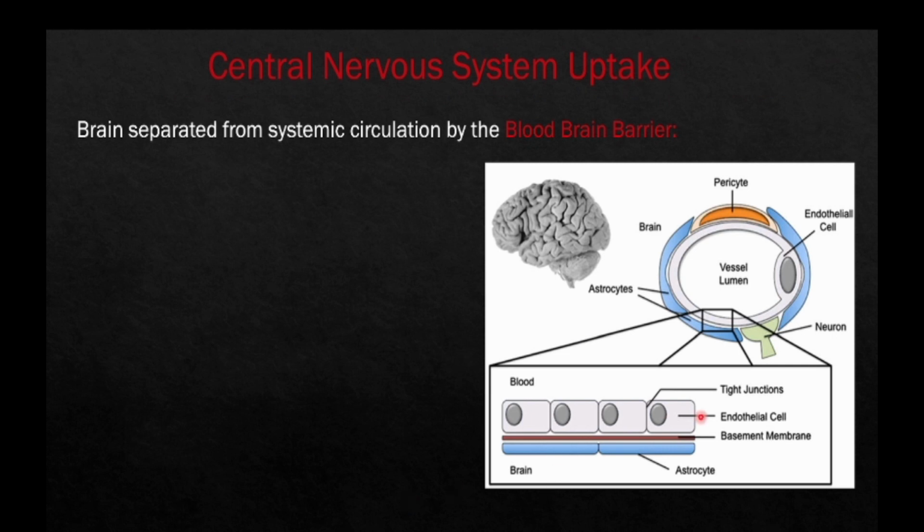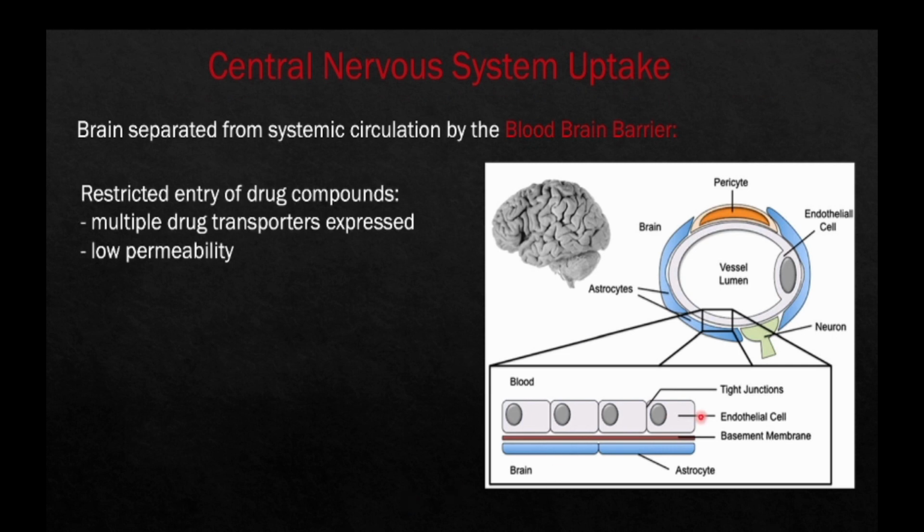The blood-brain barrier essentially restricts the entry of drug compounds, so multiple drug transporters are expressed here, and it has low permeability. Now the blood-brain barrier is made up of the astrocytes, a basement membrane, and then these endothelial cells.